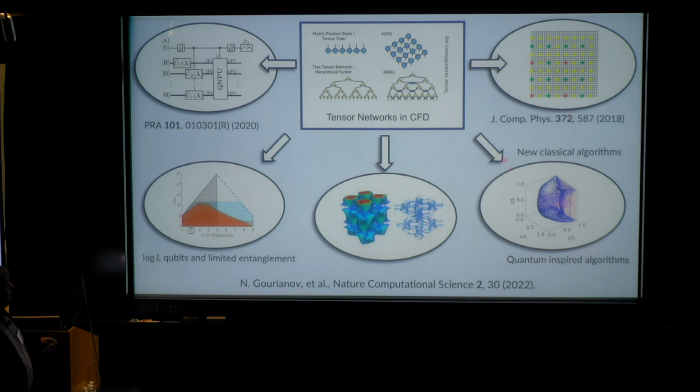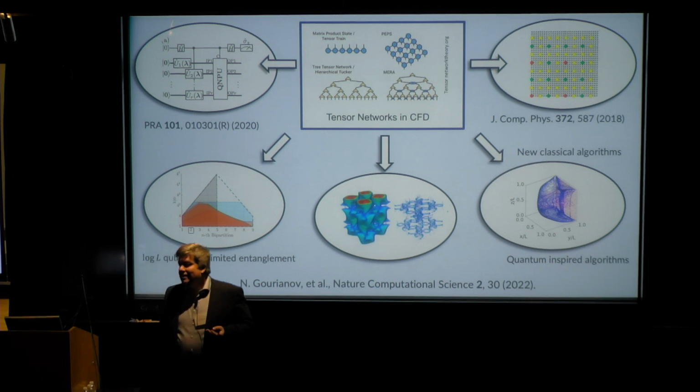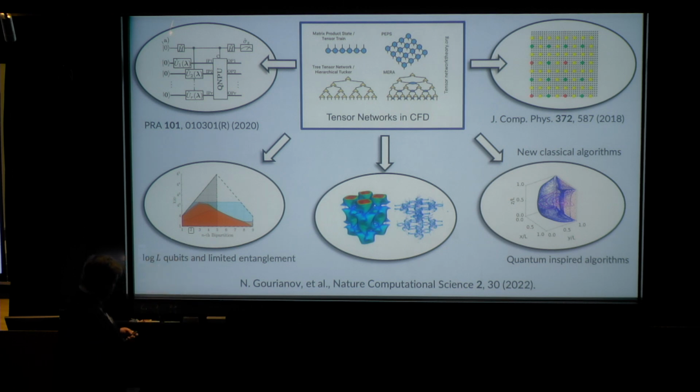This then led to new classical algorithms, which we called quantum-inspired algorithms, to actual solutions. For me, the interesting thing is that from day one, when we started this, we didn't outcompete, but we were competitive with the same computations that you do using the existing software for CFT.